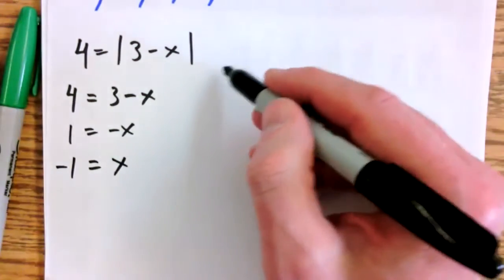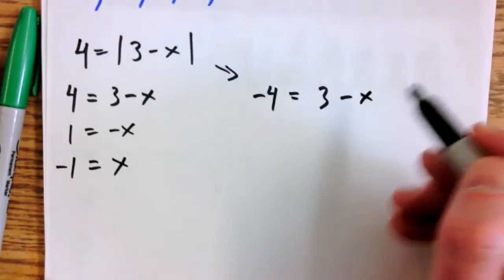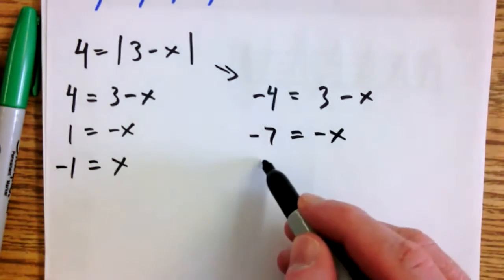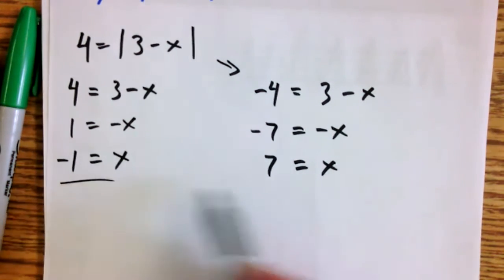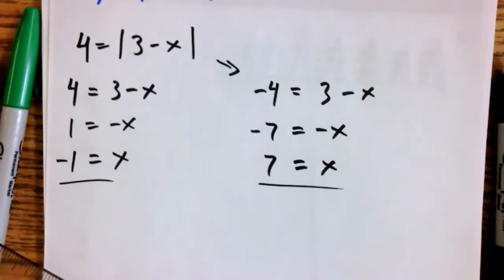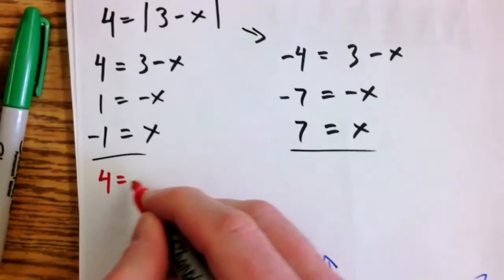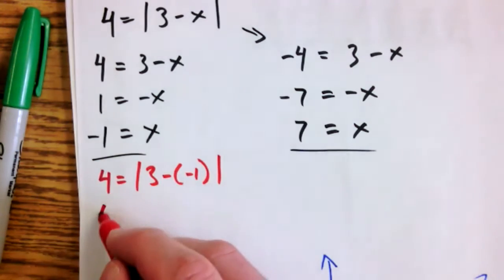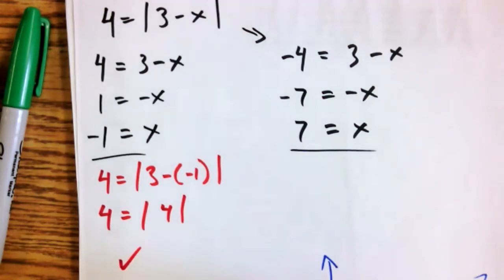And then I could do it the other way, where I say negative 4 equals 3 minus x. I subtract 3 from both sides. Negative 7 equals negative x, which means 7 equals x. And so now when I check, 4 equals the absolute value of 3 minus negative 1. 4 equals 3 plus 1, which is 4. That works.